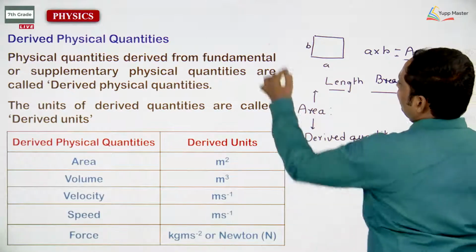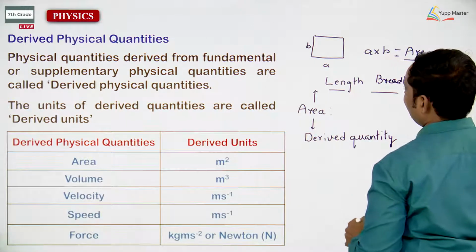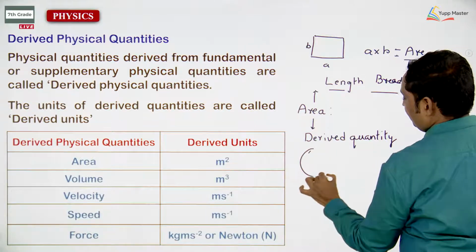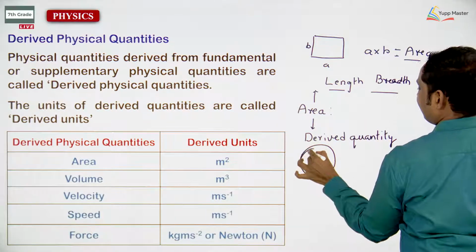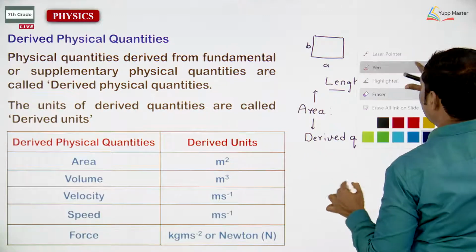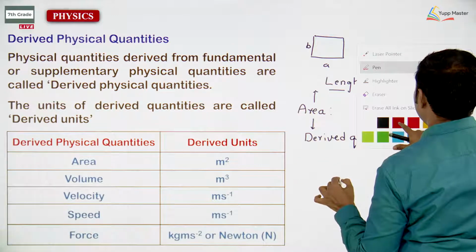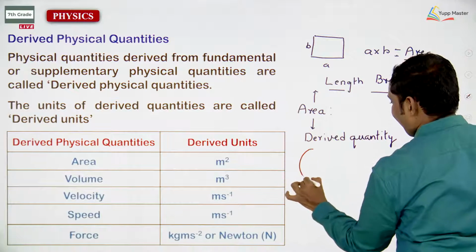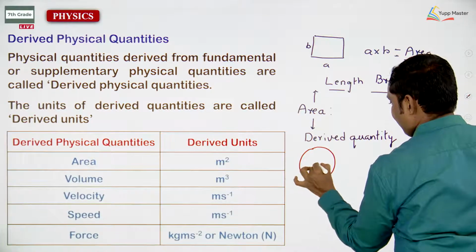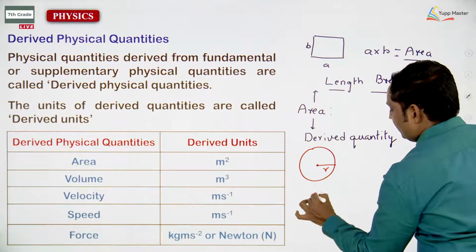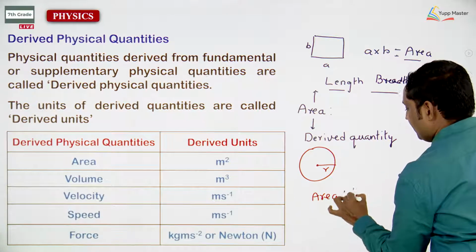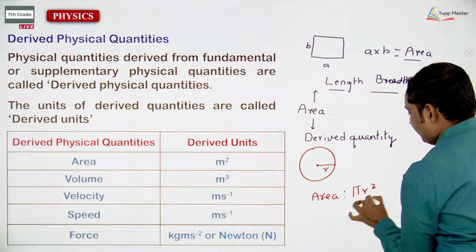Now you are going to take one circle. Yes, area is going to be taken as pi r square. It's very clear.